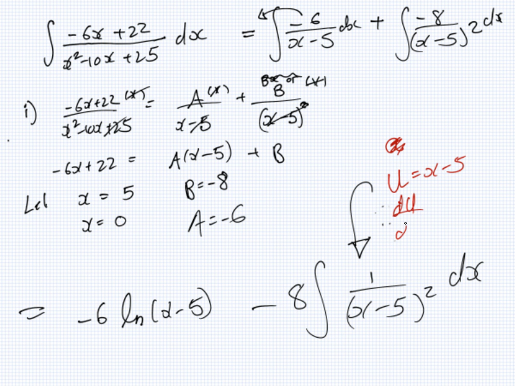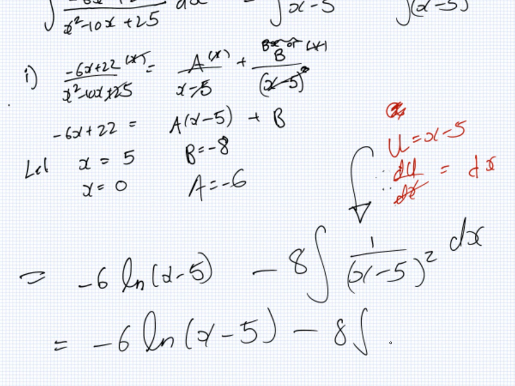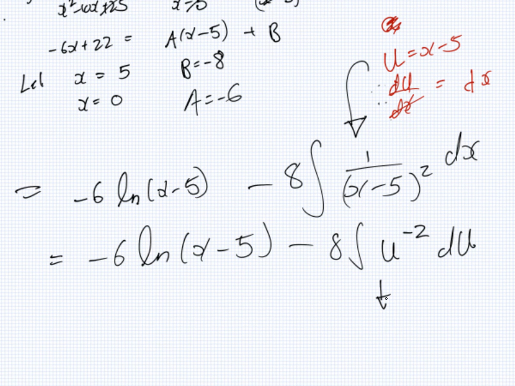Alright, du dx? 1. So du equals dx. 1 dx, yeah. So that's nice because that changes this into this. 1 over u squared is u to the minus 2 du. Well, that's easily integrated now. What does that become?